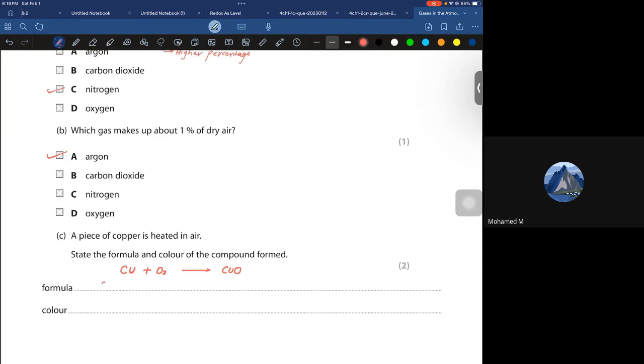So the formula would be CuO, and the color of the oxide would be black. Copper oxide is black.